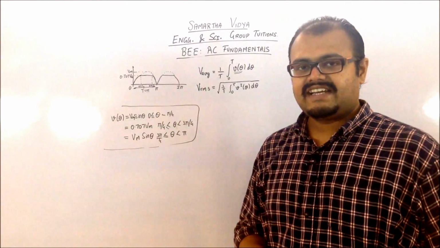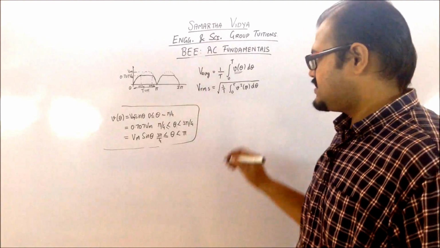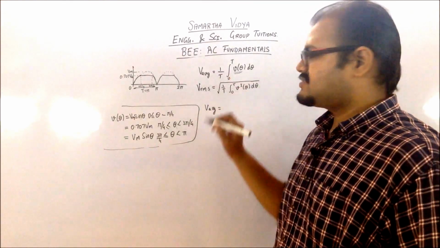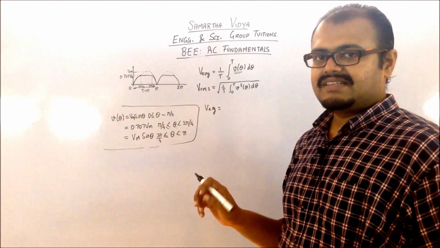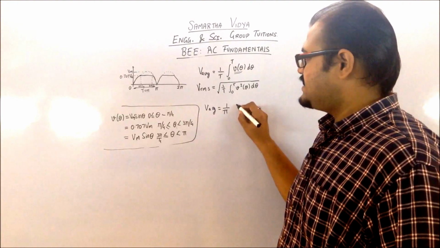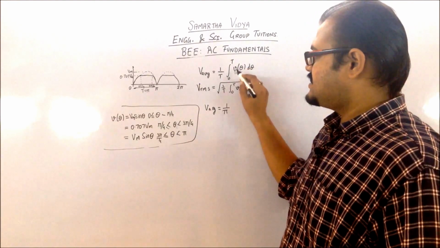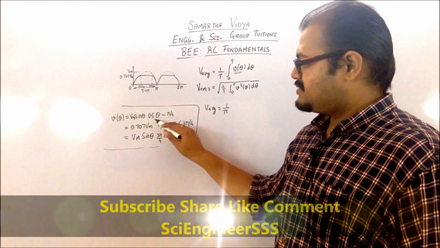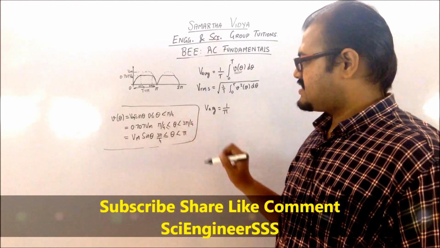So let us go for the calculation of your average value. You can see that V average is given by 1 upon T. T in this case is nothing but the time period, which is pi. So it is 1 by pi times the integration from 0 to pi of V(theta). We have already discussed this V(theta). Now you need to split it into these sections.